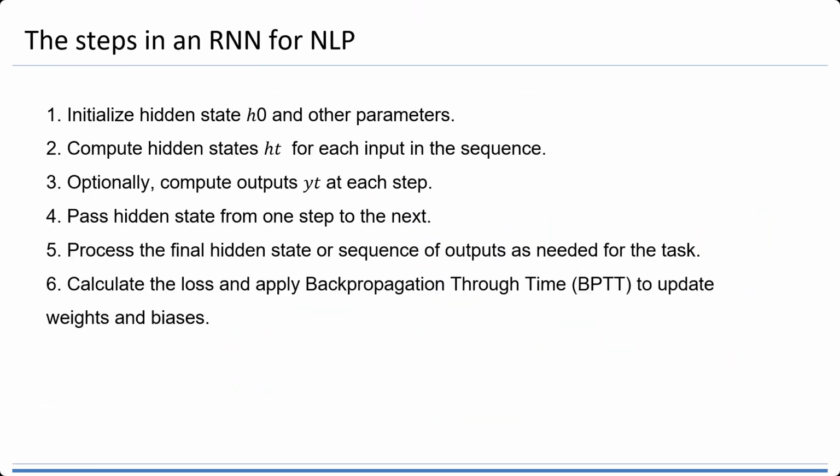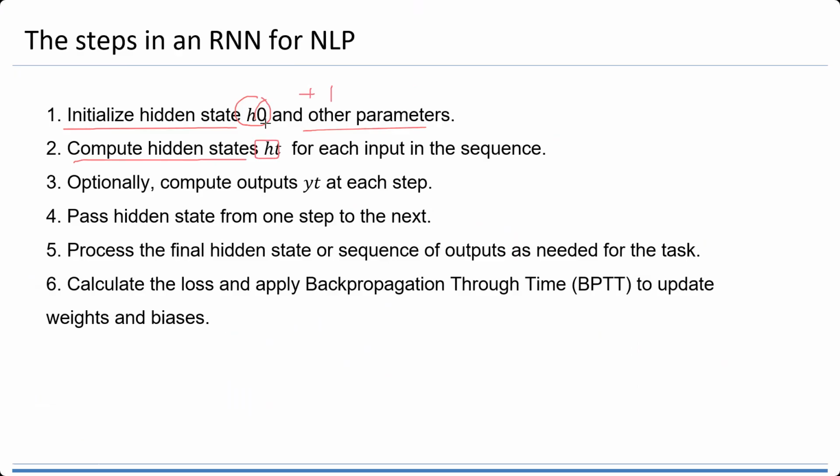So let's see one example. At first, for the steps in the RNN for NLP, we will initialize the hidden state h0 and other parameters. Now, let's say I'm not concerned about the parameters. Let's say the parameters are just 1. And we will compute the hidden state, which is ht. ht is one step, so usually we have the step plus 1.